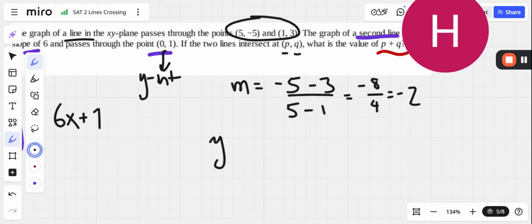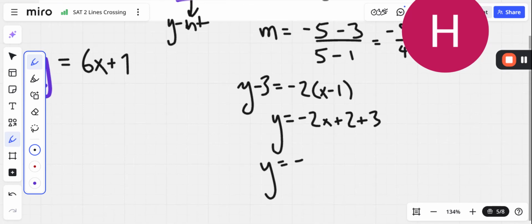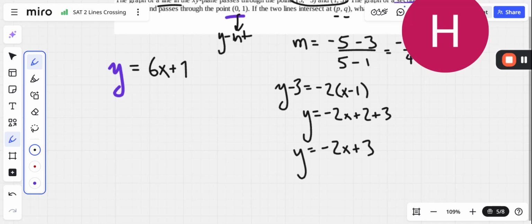So we can say something like y minus 3, sorry about that, y minus 3 equals negative 2 times x minus 1. And so if we move everything all to one side, we would get an equation of y equals negative 2x plus 3. Now this is not the only way to do this problem.